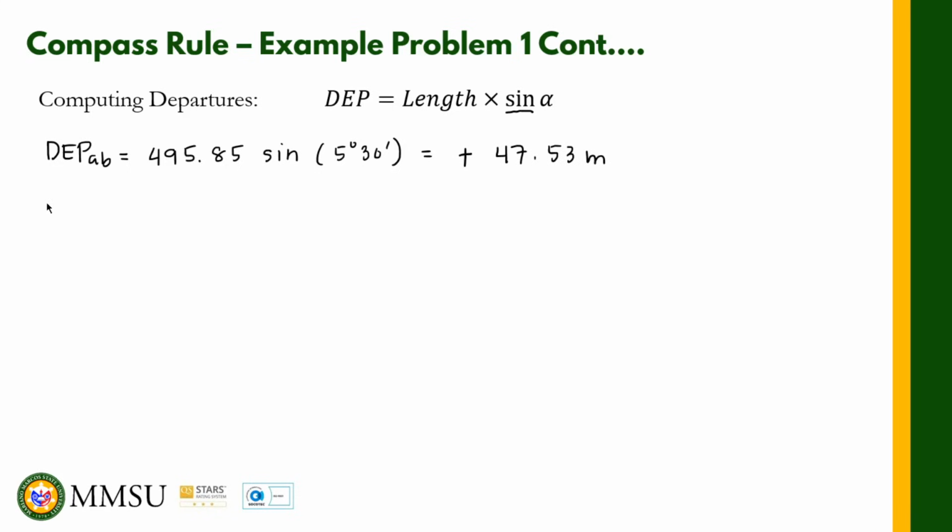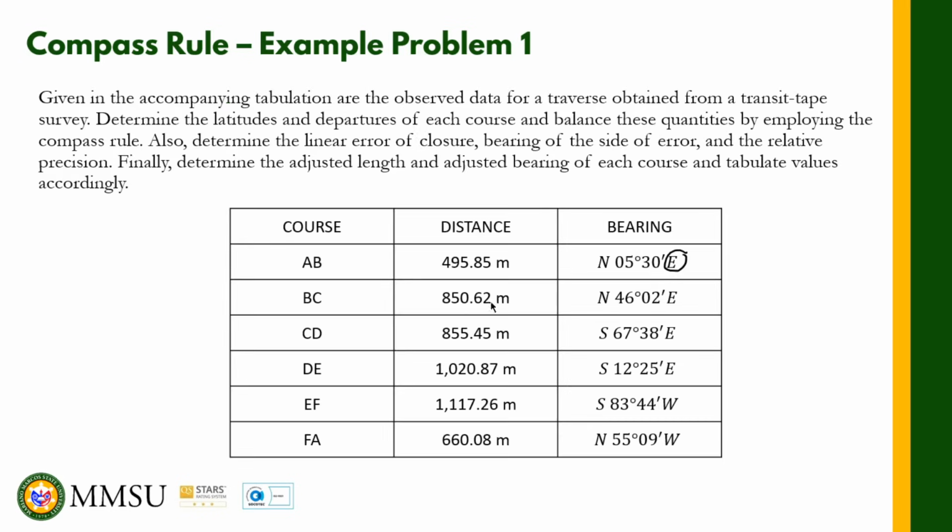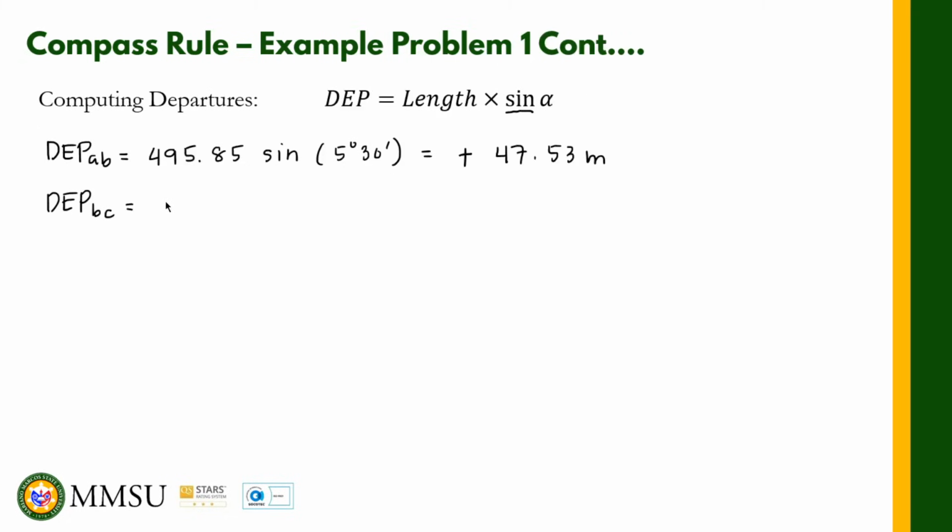meters. Okay, so using the same formula for the departure of BC, we have 850.62 multiplied by the sine of 46 degrees 02 minutes east. So this is positive. Okay, this should be positive 612.23 meters. Okay, for the next one, we have the departure of CD.